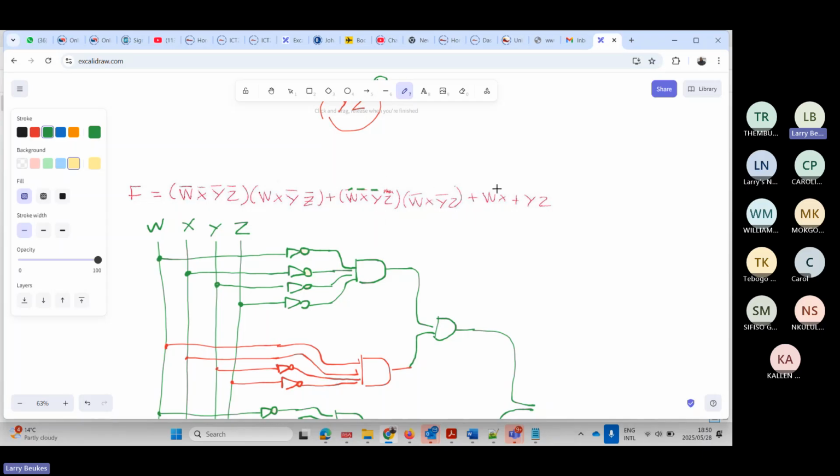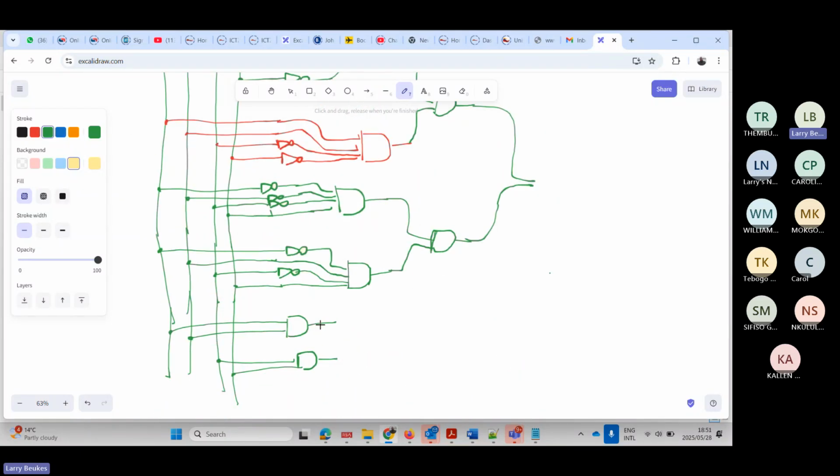Now that gate also pluses this, WX plus YZ, right? Do you see that? So you can take this as well. I see there are two ways. I think one student wanted to do it this way. This way is actually the correct way. This OR gate.